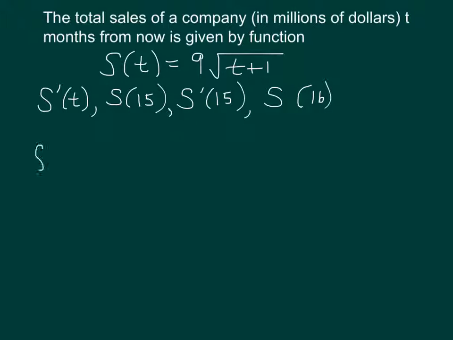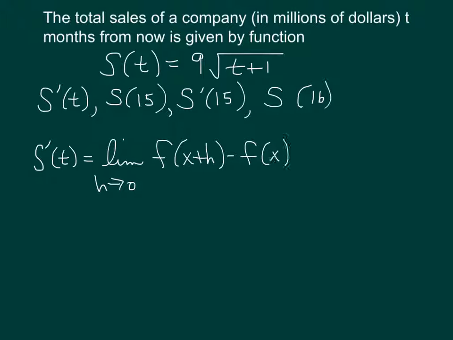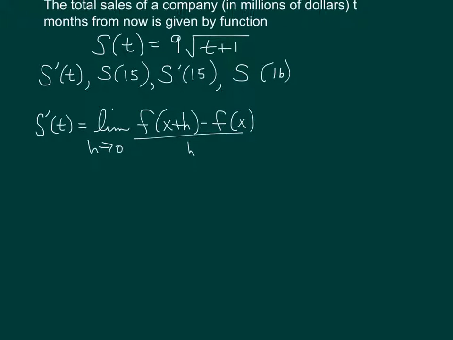Okay, so to find the derivative, it's this over and over and over: the limit as h goes to 0 of f of x plus h minus f of x, all over h. You're just using this formula over and over and over. In this case, of course, these are t's. If you don't like t's, some students get weird and say, I don't know what to do with t's, I like h's or x's.